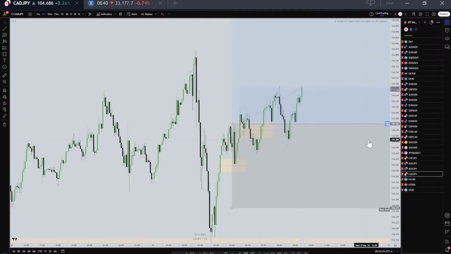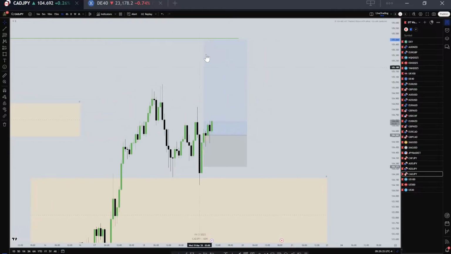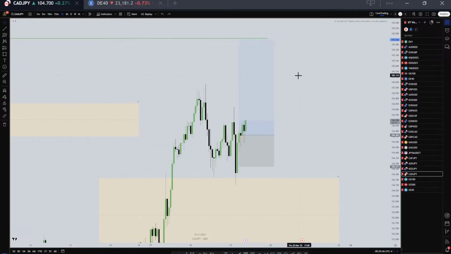This is a Skool model entry for me, with a bigger TP than usual. This would be more like a Skool model trade, like a 1 to 2. But I think this one can go higher. That's why bigger stop loss, bigger TP, or 1 to 3.